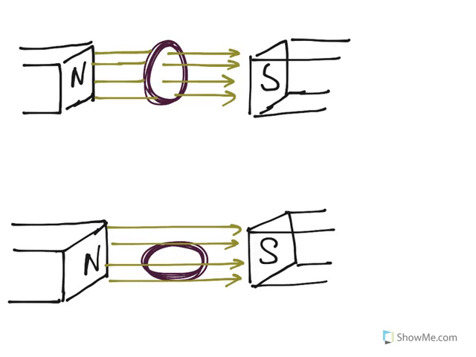A small flat search coil, this is the search coil, of area 2 centimeters square and the number of turns 25, is positioned normal to the field direction.